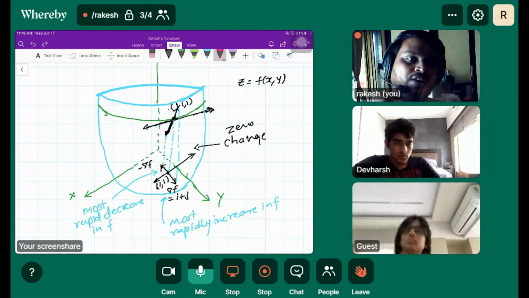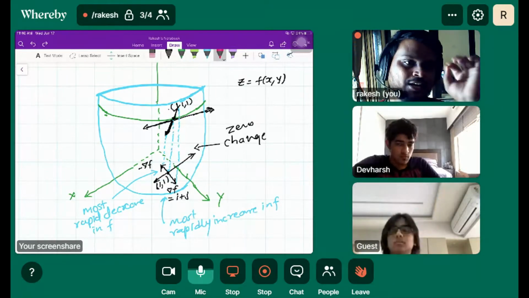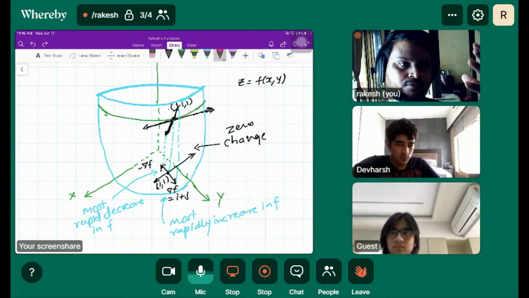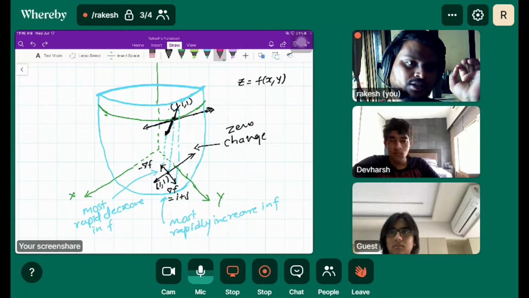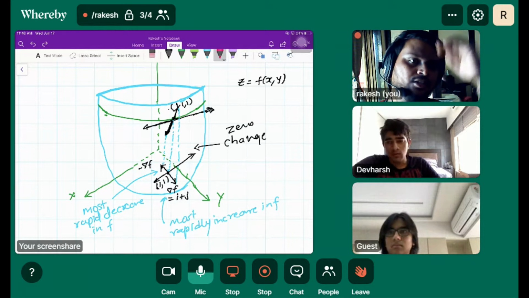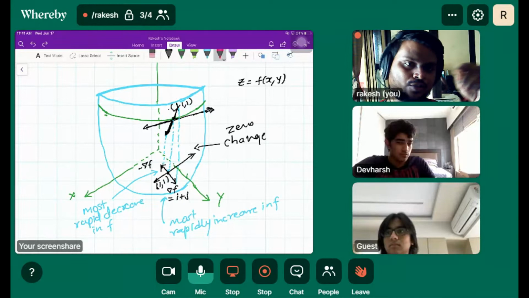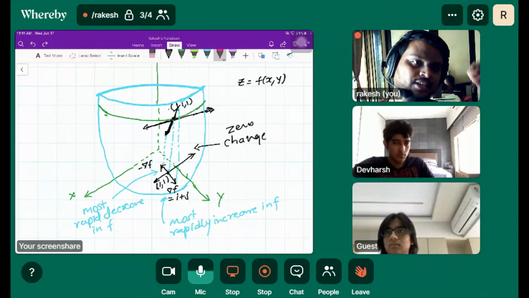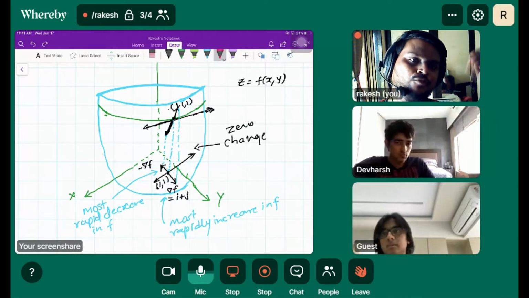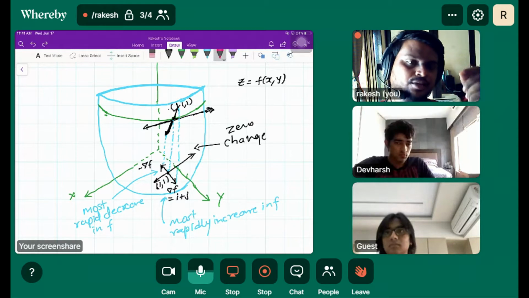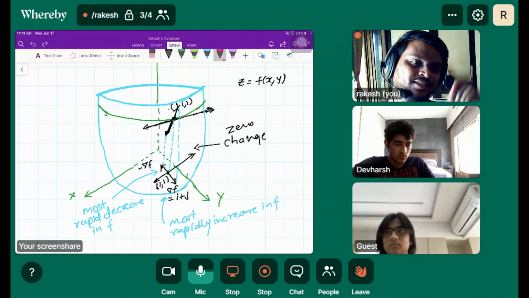We are finding the gradient vector at 1 comma 1 comma 1, which is on the surface of the object. So the gradient vector must be somewhere there at the point, because we are finding the gradient vector at that point. Where does that gradient vector lie exactly?